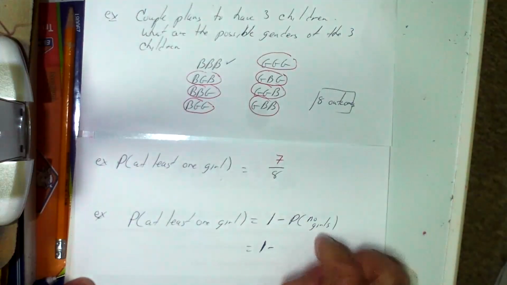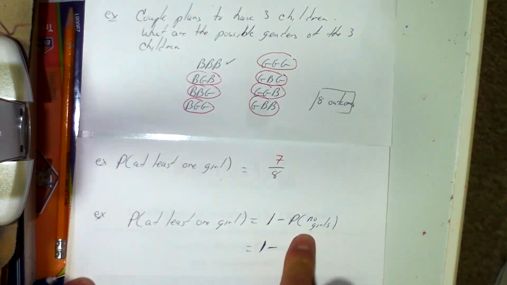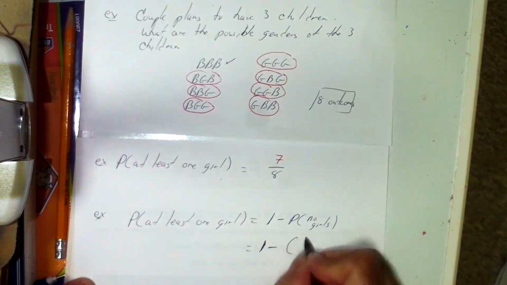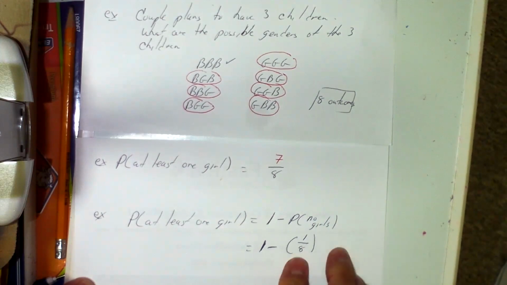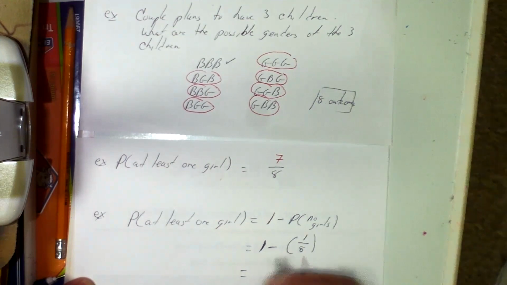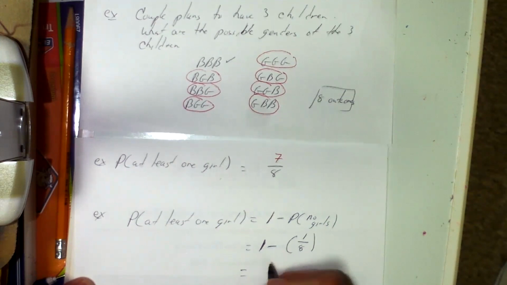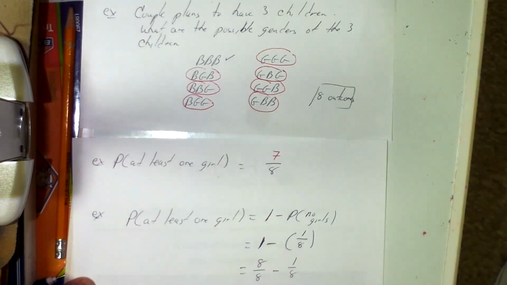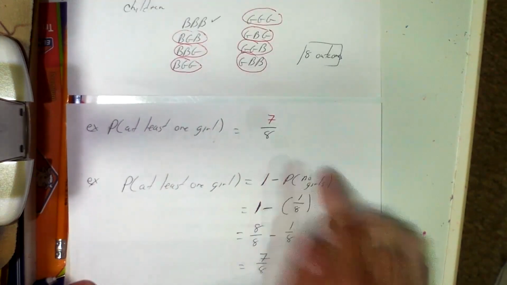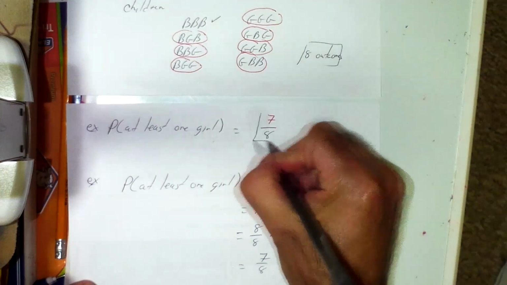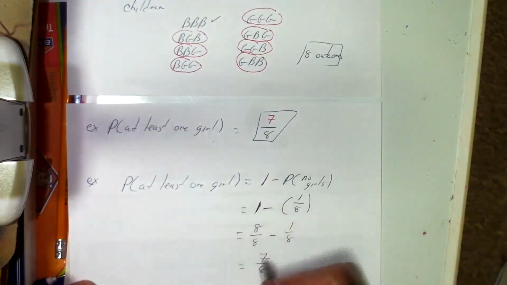So that part is 1 out of 8, and I use my famous adding or subtracting fractions. I need to have common denominators, so I can express 1 as 8/8 and subtract 1/8, and you get 7/8, which is what we got when we listed all of the outcomes. You can see it easily, but if you don't, you can use this formula.